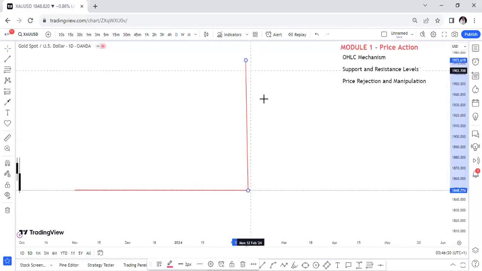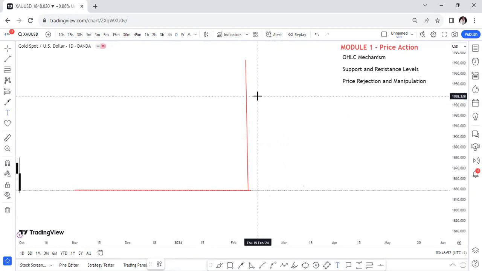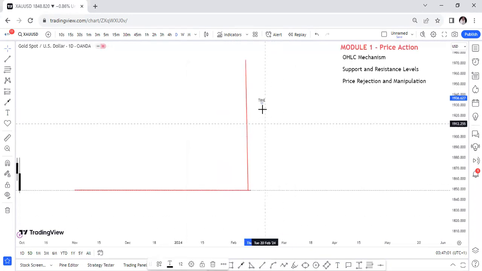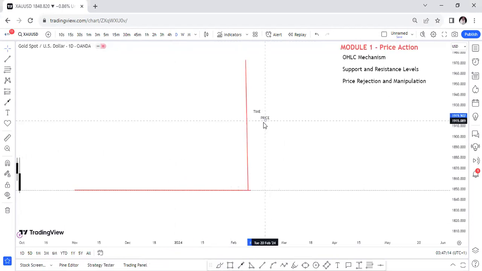If this is your chart, this is the time axis, and this is the price axis.